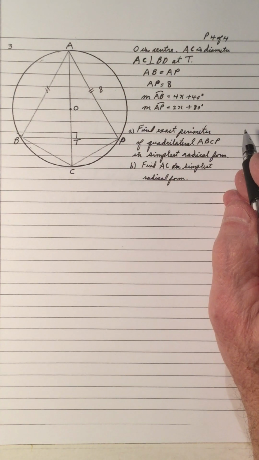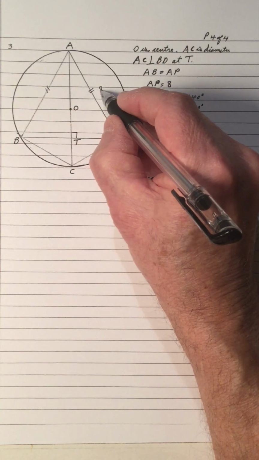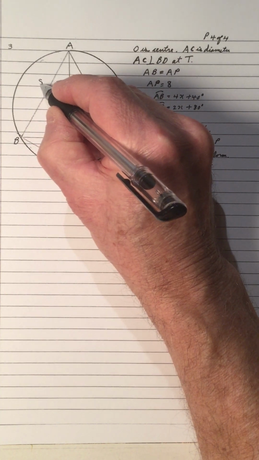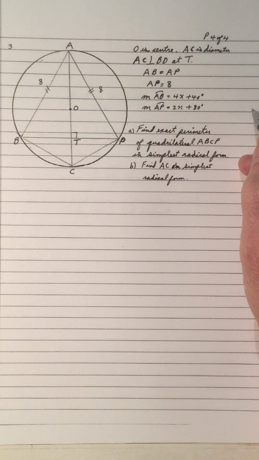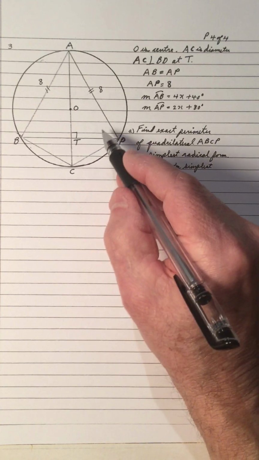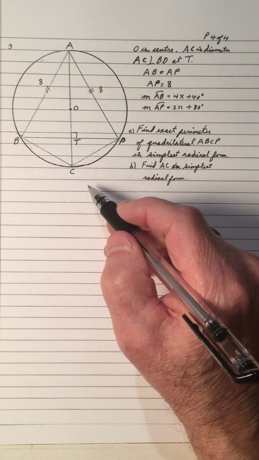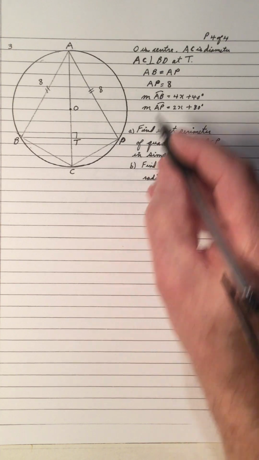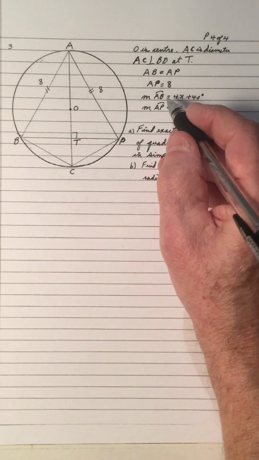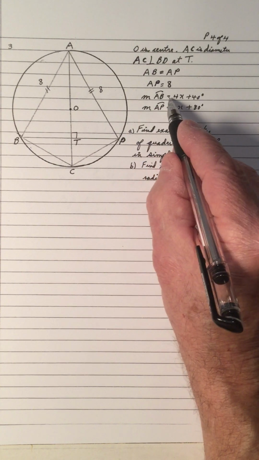So let's see how we can handle it. We said that was 8. Now, we have these two sides, and we need to get the length of these two sides. Let's see what properties we have. Well, we have to work on these arcs, sorry.